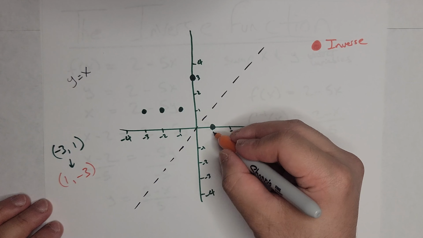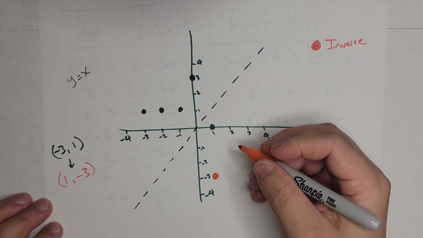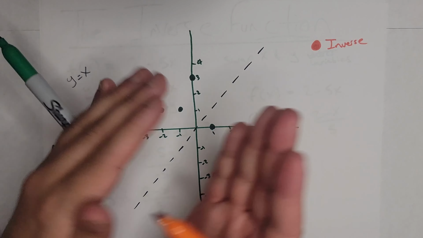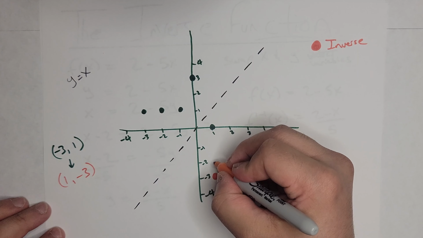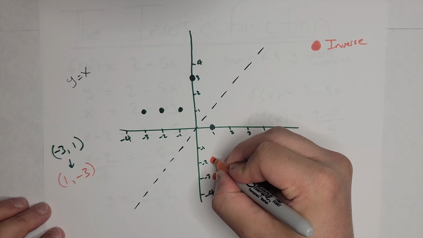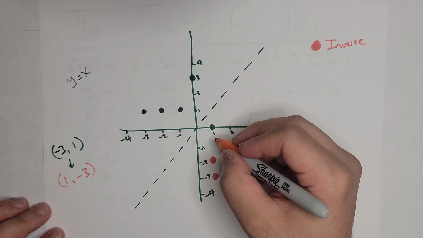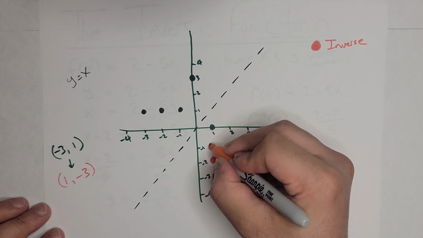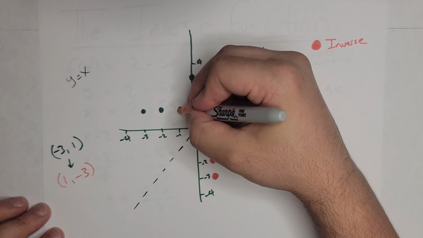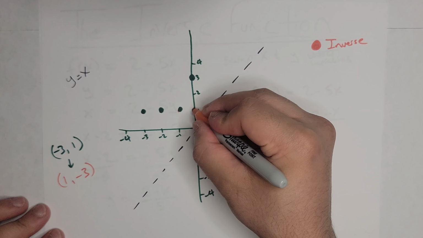This will become right here, and that is basically a mirror of that. Same with this one. -2 comma 1 will become 1 comma -2. Same with this one. -1 comma 1 will become 1 comma -1. You can see that it's a direct inverse. This one, we can just eyeball it and we know it goes here.